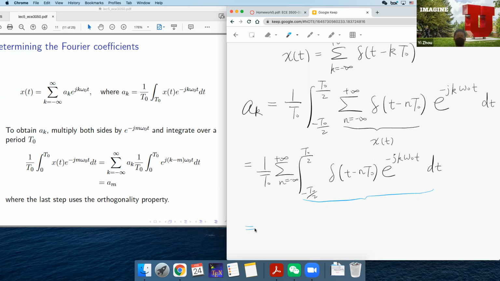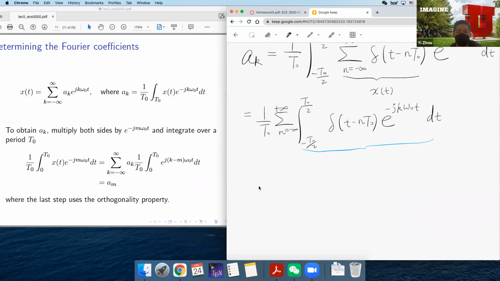Yeah, I think you mentioned the right thing. We have a formula in the previous lectures which says the property of the impulse, right?